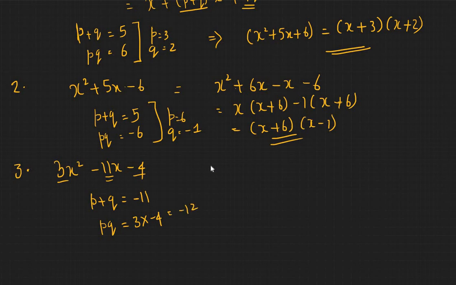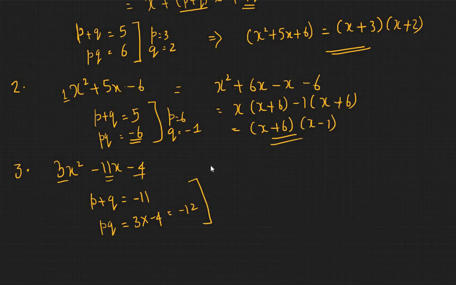If you look at the previous problem, the coefficient of x squared was 1, so 1 into minus 6 is minus 6. So it's a special case of this, where the product of the terms is nothing but a into the constant term. So here pq is 3 into minus 4.